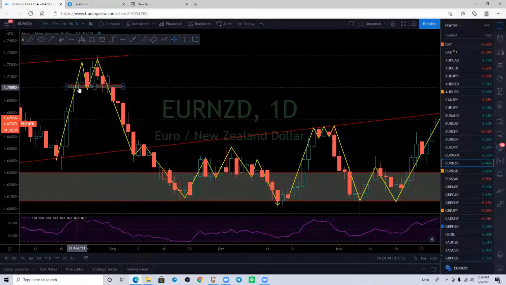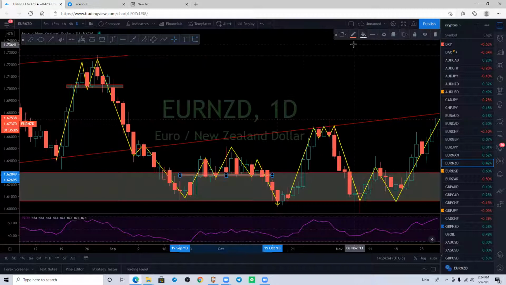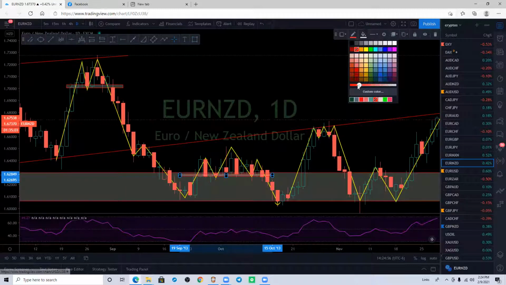And there's a neckline, and the neckline is where it stops in the middle. The neckline on the head and shoulders or triple tops or bottoms comes in two forms. This would be the neckline. At that point, it would be completed.